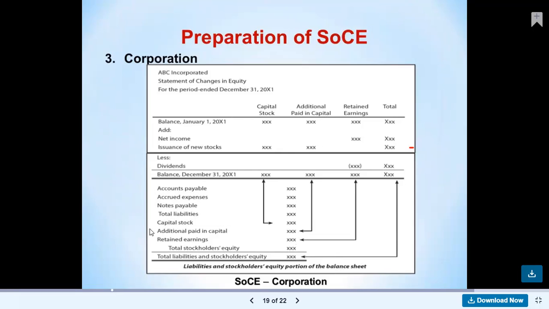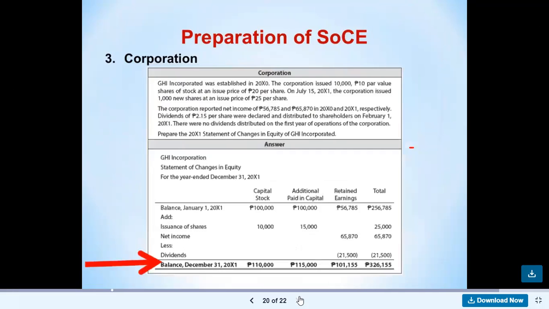And instead of the names of the partners in the equity portion of the statement of financial position, we have the capital stock, the additional paid in capital, and also the retained earnings. So the total capital stock will reflect on the statement of financial position in the equity portion, the same as the additional paid in capital and the retained earnings. So let's proceed to the example in the corporation.